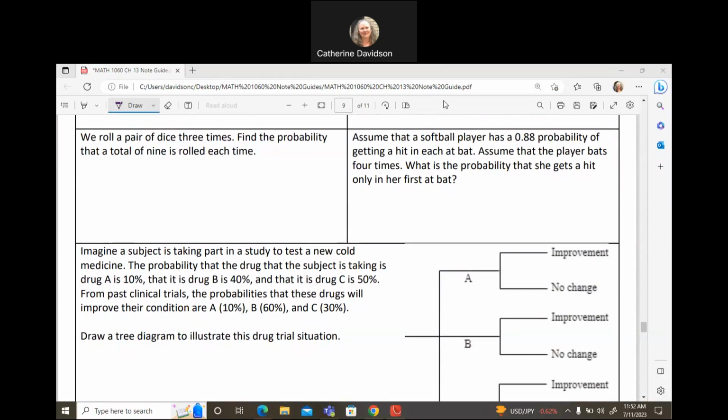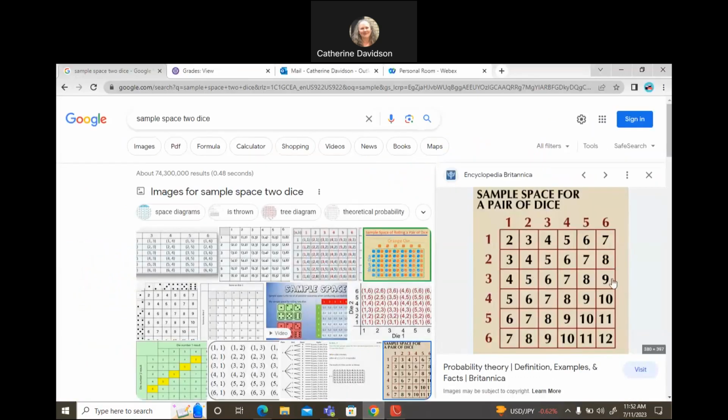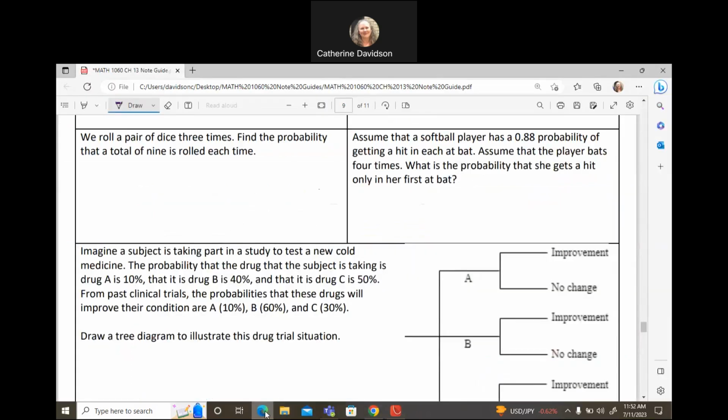We roll a pair of dice 3 times. Find the probability that a total of 9 is rolled each time. So let's look at the sample space for 2 dice. Again, the total that you have is 36. 1, 2, 3, 4, and there are 5 9s. The probability you roll a total of 9 is 5 out of 36.